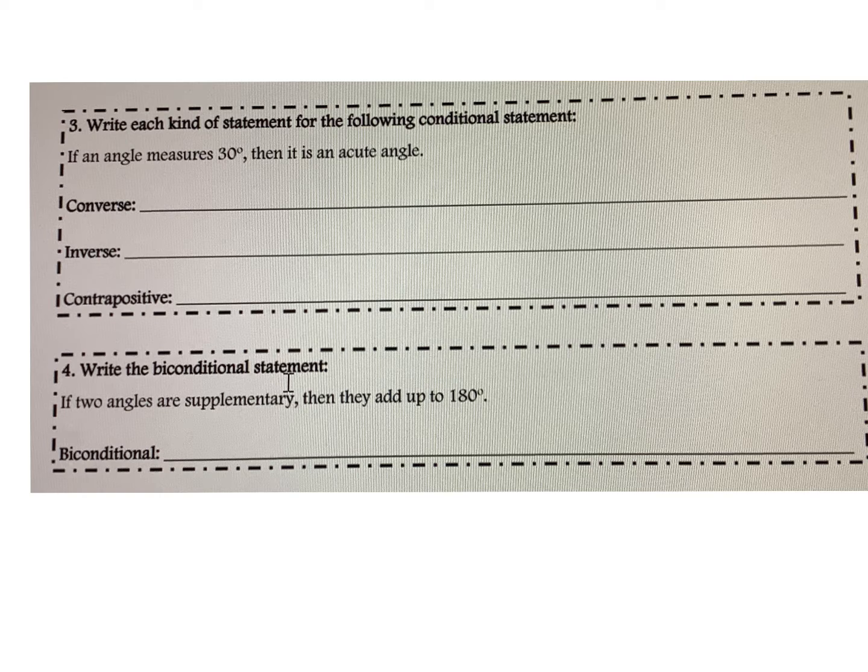All right, so we're going to write each statement for the following conditional statement. My conditional statement is: if an angle measures 30 degrees, that's my P, then it is an acute angle, that is my Q. So remember, your conditional statement is P, then Q. On the converse, it is if Q, then P. So we are switching them.